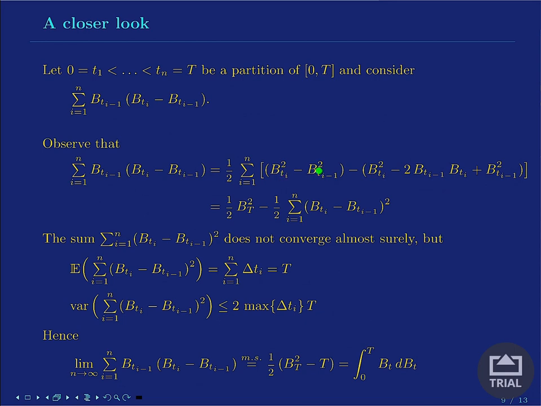So these terms cancel out. So actually we have, starting from b(t1) square minus b0, which is actually 0 square. Then we have for the next b(t2) square minus b(t1) square, and exactly these two terms cancel out.